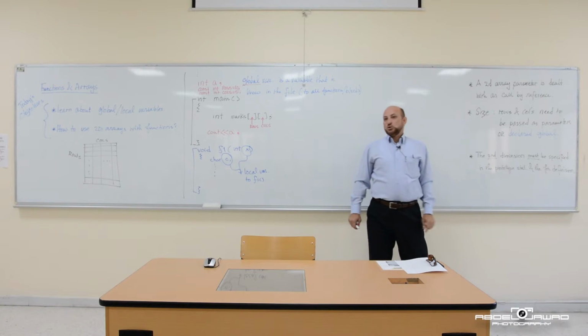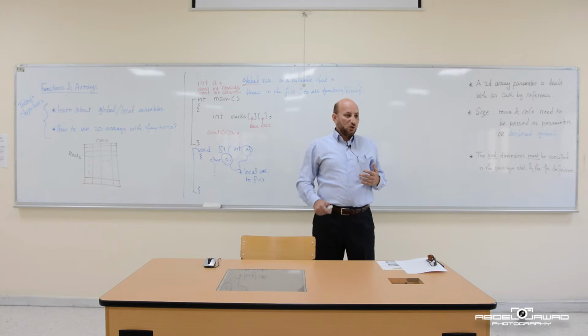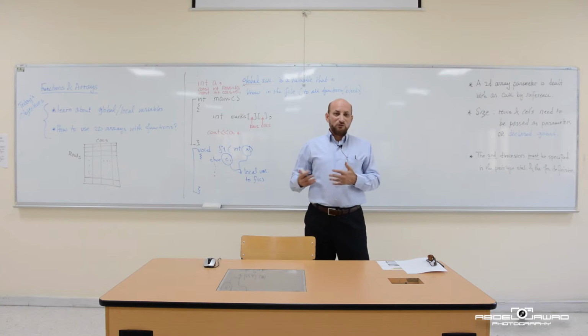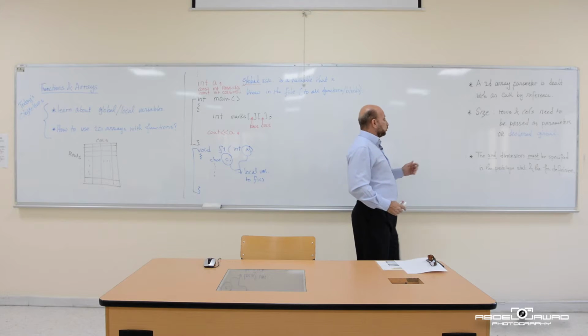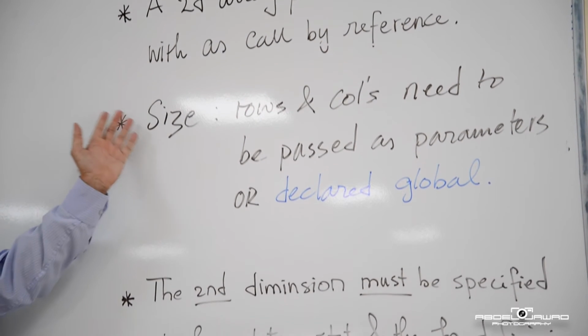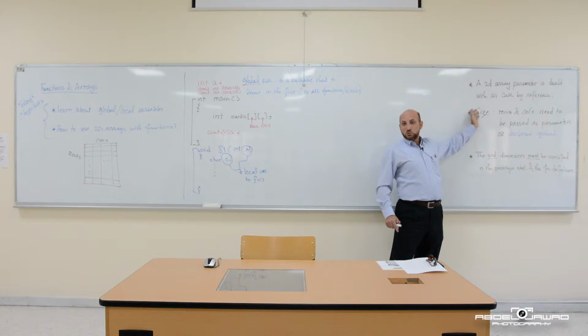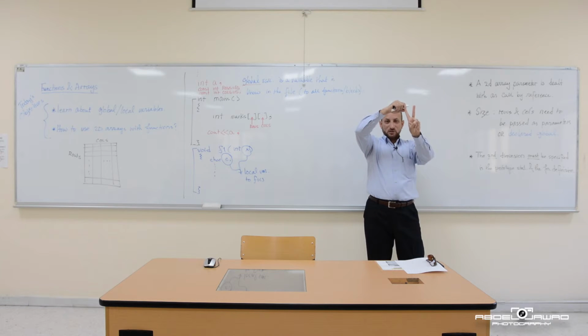The second note that we have done with 1D arrays: whenever you pass an array to a function, you have to pass with it the size. Now, if you would like to do that, you could, because a 2D array has a bigger size than a 1D array. If you would like to set the size, then you would talk about 2 dimensions, rows and columns.